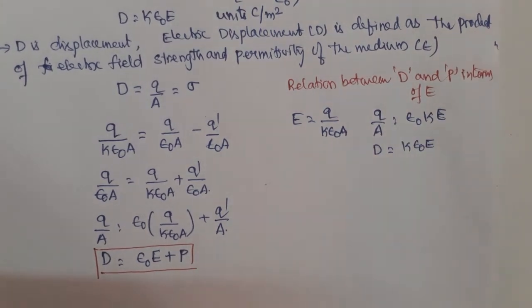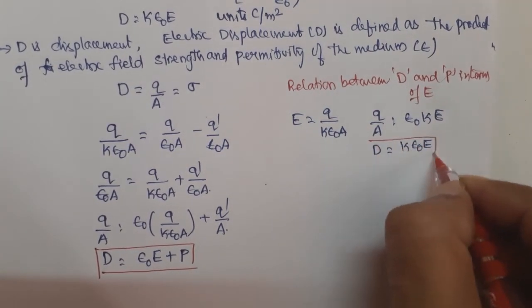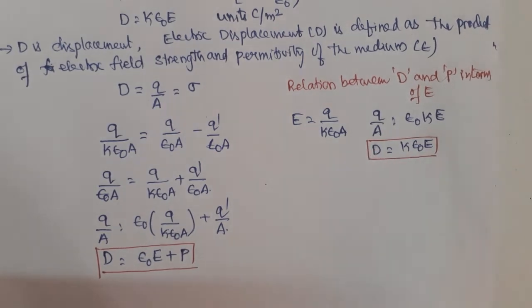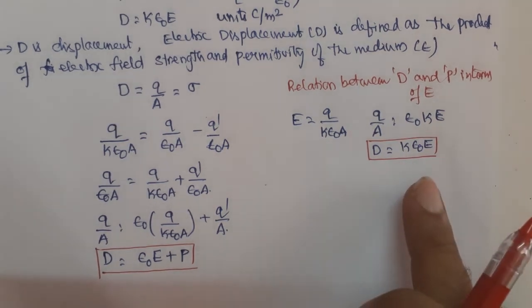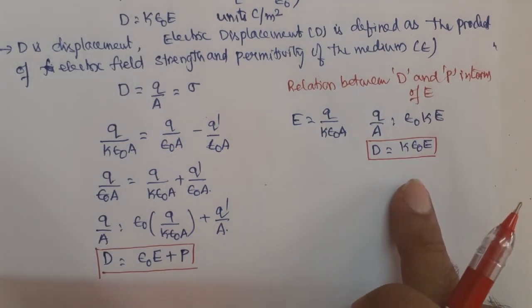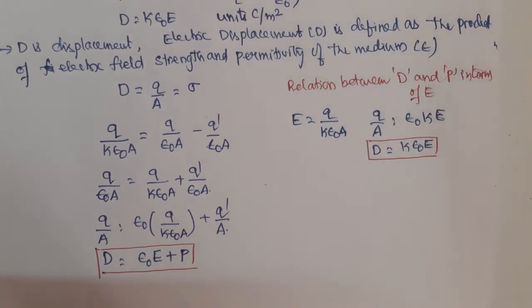And this you should remember. In this, K epsilon naught is again called the permittivity. From the definition of dielectric constant also, you can write that K epsilon naught is nothing but epsilon.